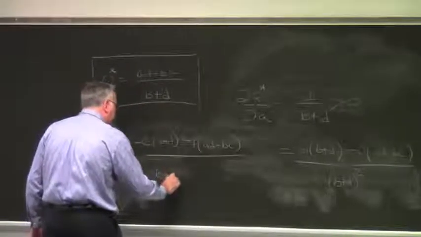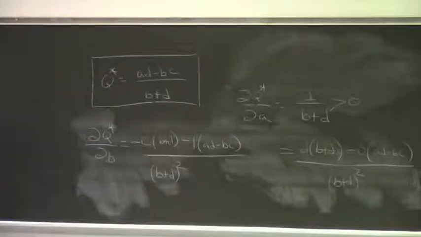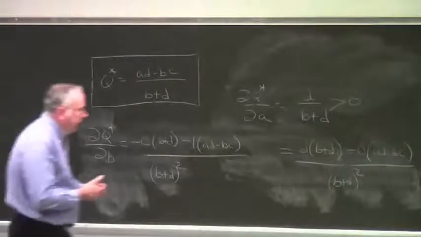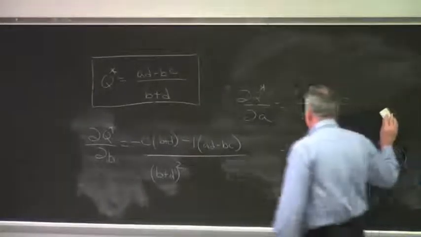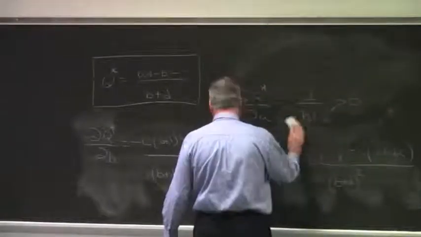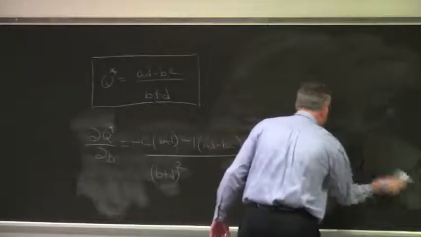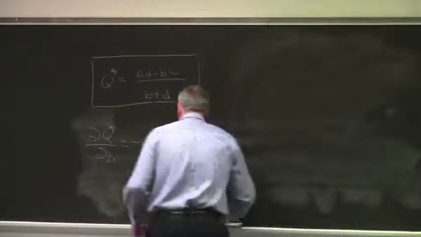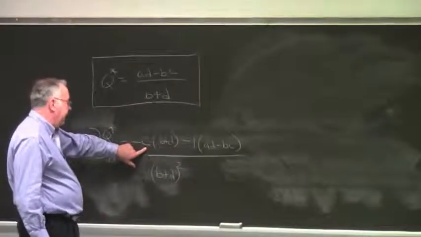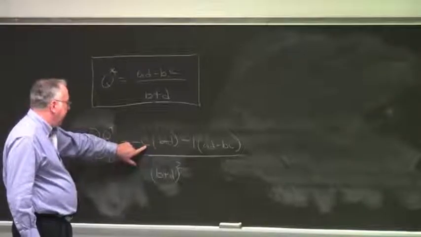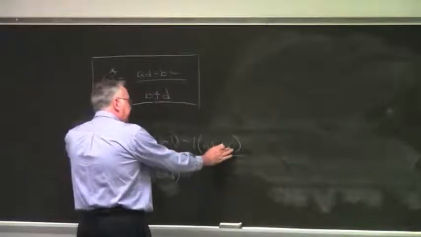Okay. All right, so let's see what we get here. This one's kind of interesting, isn't it? Let's see if we can simplify this numerator. We got minus BC here. We got a plus BC there.